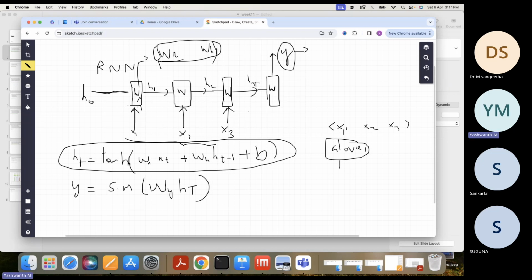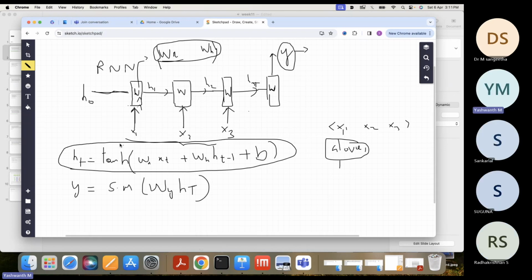You apply a non-linearity on top of that. That's it. And you don't know what Wx and Wh are. You will learn them from the data.